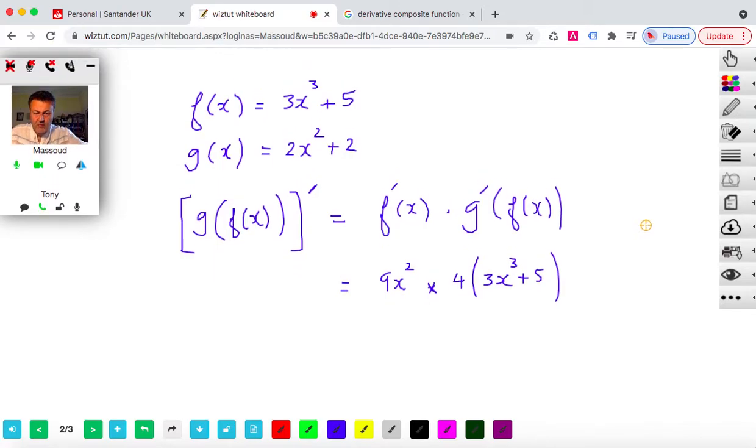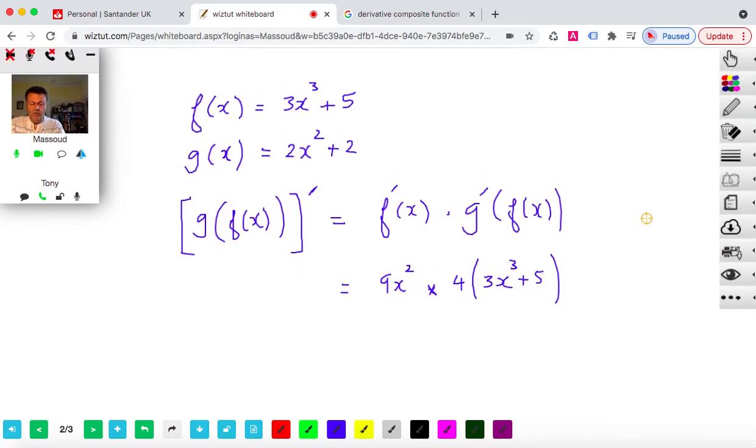Now let's say we actually wanted to find the differential of g of fx, but at a certain point. So let's say, for example, we wanted to find the differential of g of fx when x equals 1. I'm just going to write this slightly differently, so you guys can see different ways of presenting this info.